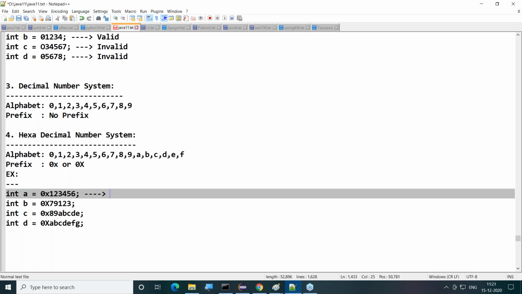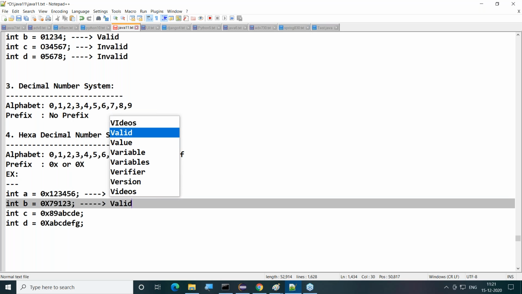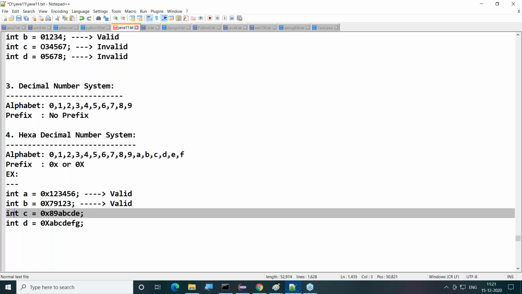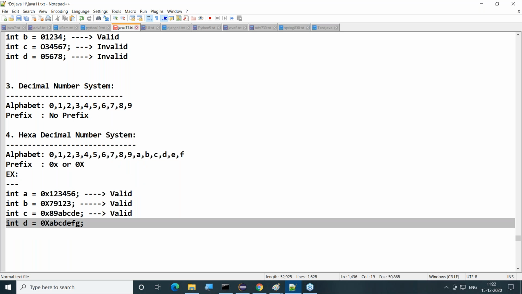What about this one? This is valid. Now this will also be valid. What about this, sir? This will also be valid. The last one is invalid.